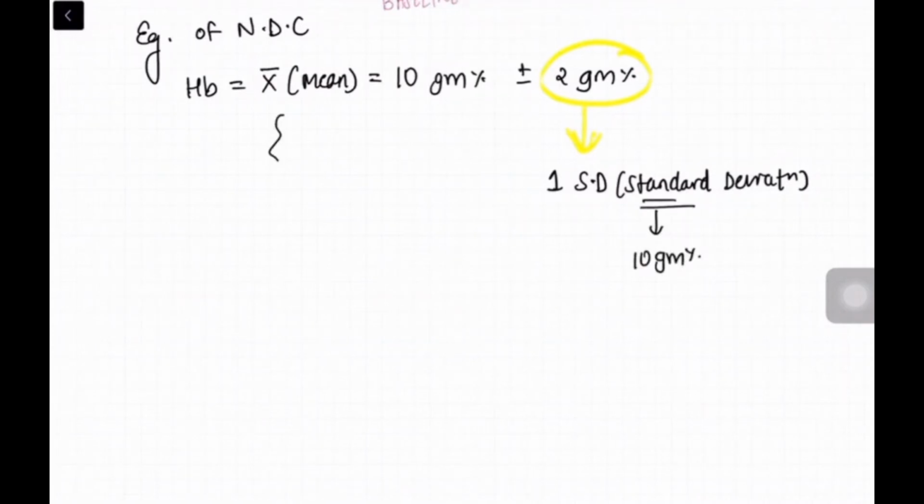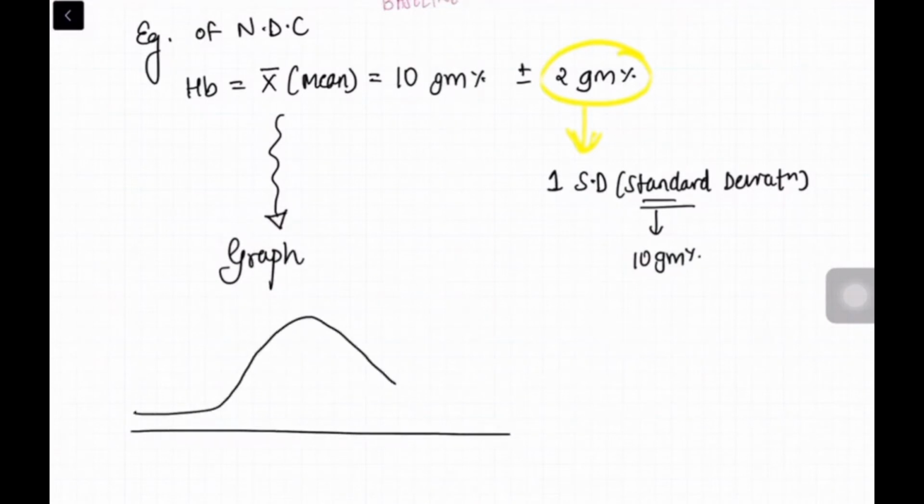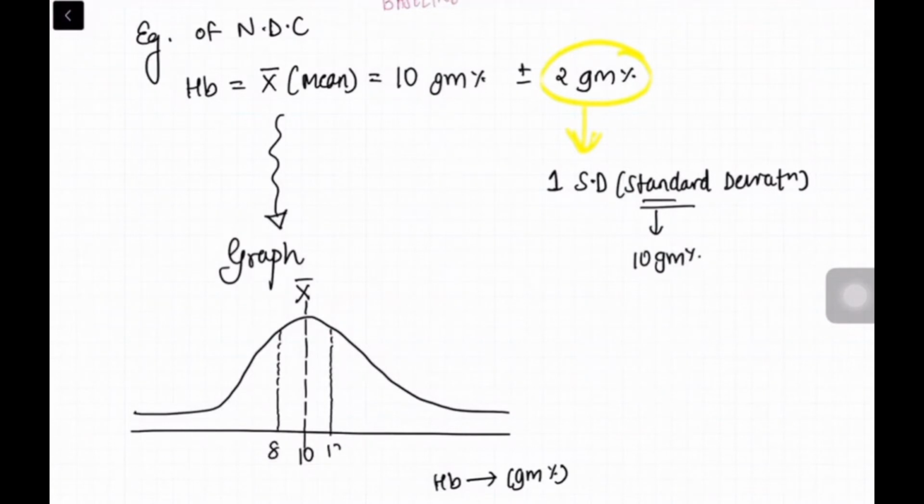Standard is 10 gram percentage, and from that plus 2 or minus 2, that is 8 gram percentage to 12 gram percentage is one standard deviation. On the right side we have got plus 1 standard deviation, plus 2 standard deviation, plus 3 standard deviation, and on the left side we have got minus 1 standard deviation, minus 2 standard deviation, and minus 3 standard deviation.